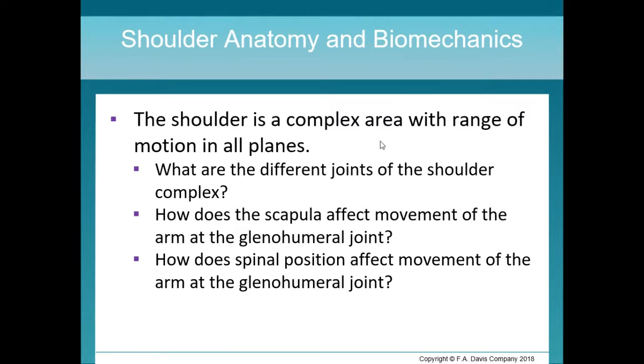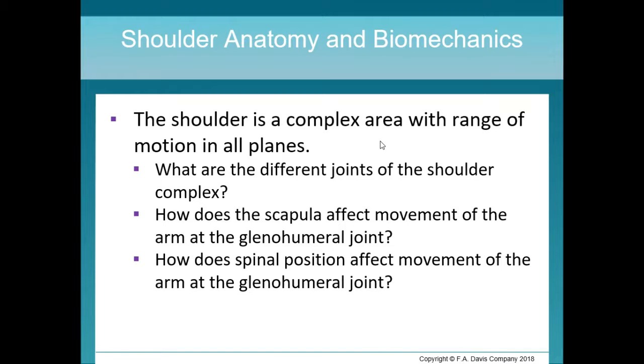Now, there are four rotator cuff muscles, so four muscles that make up the rotator cuff itself. It's your SITS muscle group. So you've got your supraspinatus, which helps with humeral abduction within the first 15 degrees of movement.